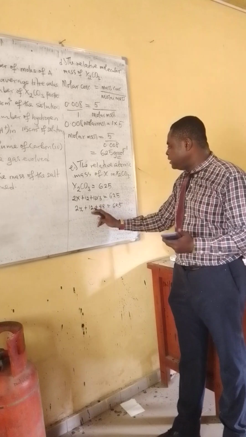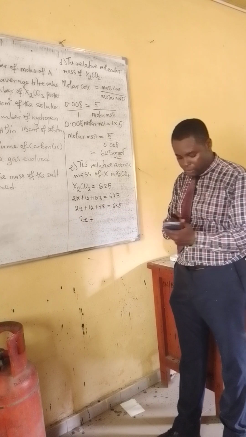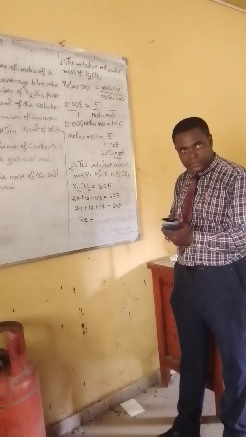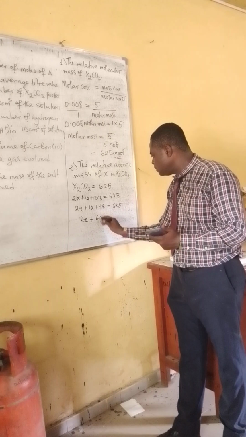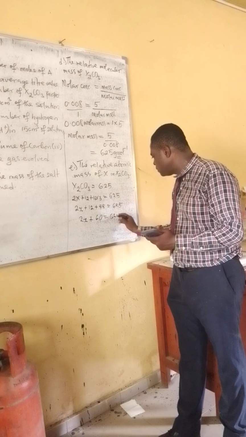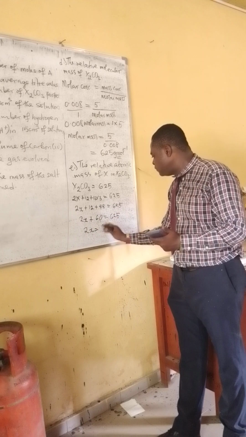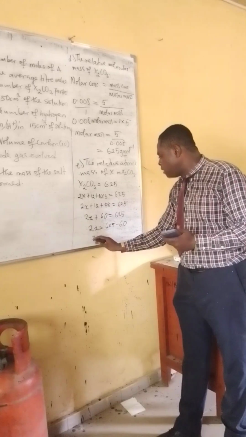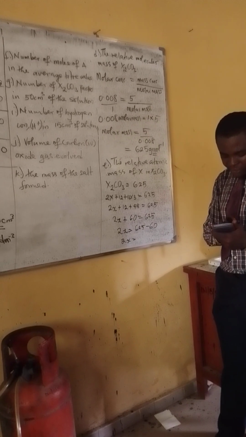So we add this, we have 2x plus 12 plus 48. Answer is 60. So we have 2x. Take this 60 there. We have 625 minus 60. We have 2x equals 625 minus 60.